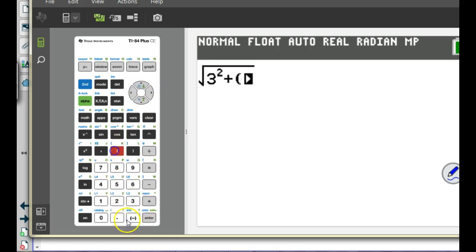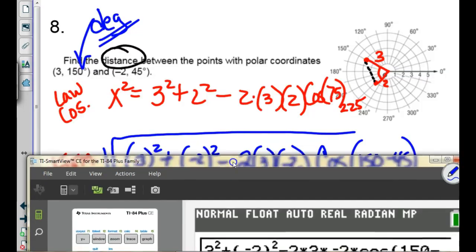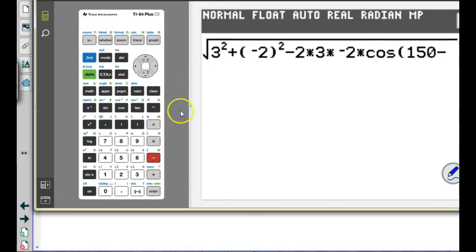Plus -2 squared minus 2 times 3 times -2 times the cosine of, what was it? 150 minus 45, 30, -45 minus 45.